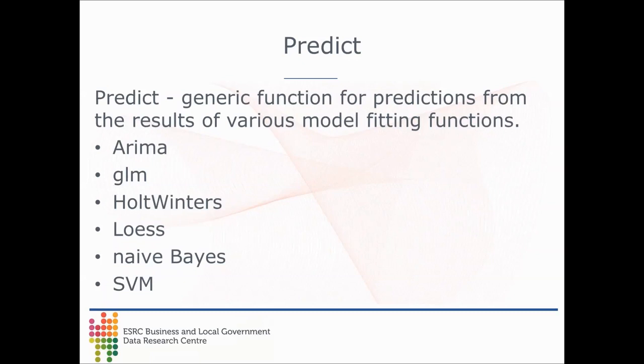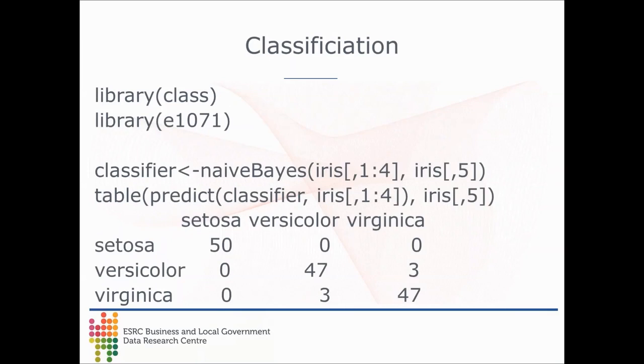Now within the predict function we have a number of functions being applied. These are probably some of the more common functions applied within our table in our predict function back here.